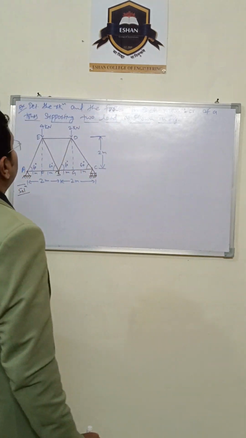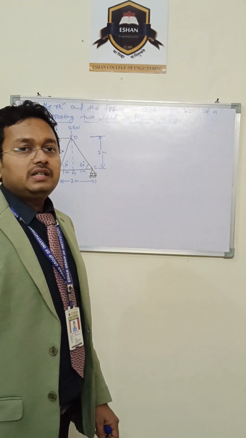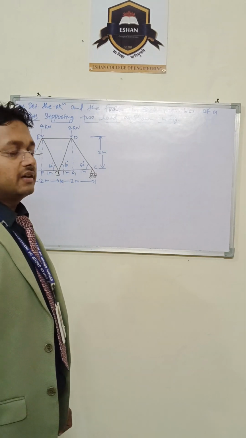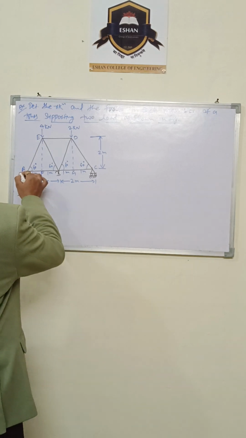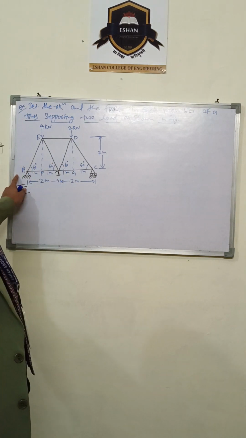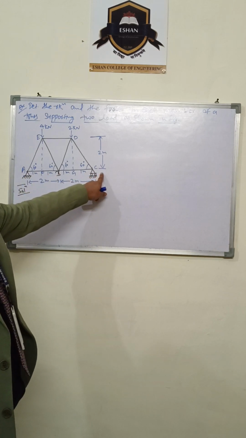Now see the problem: determine the reactions and the force in each member of the truss supporting two loads shown in the figure. Given here A, E, B, D, C. At A point a hinge is here, at C point a roller.